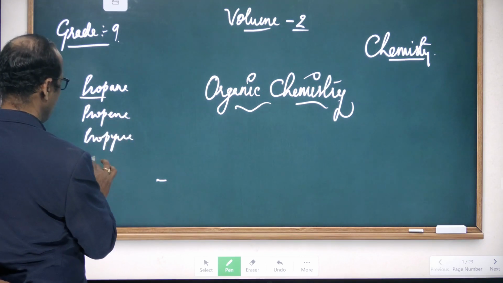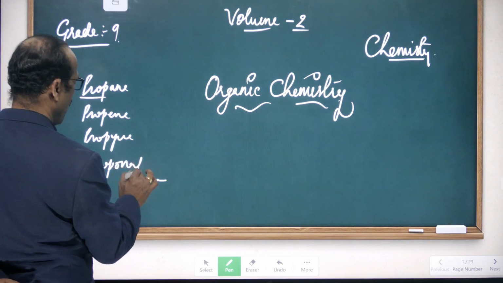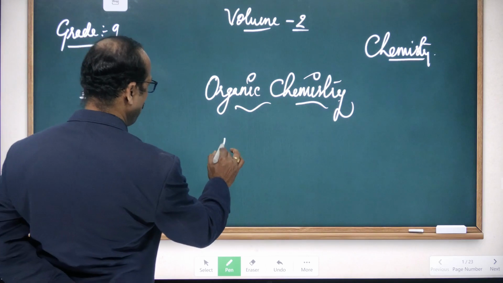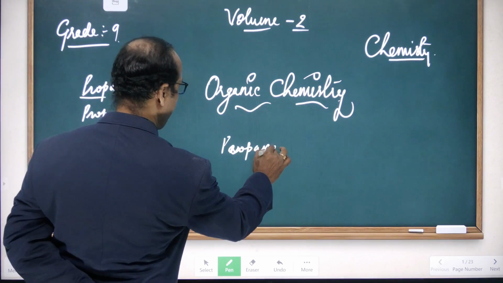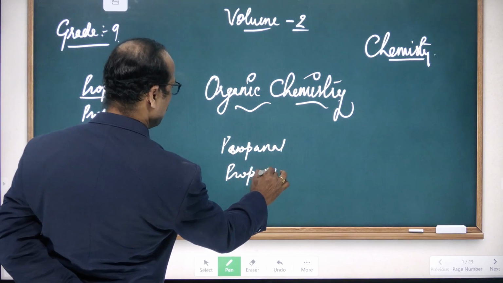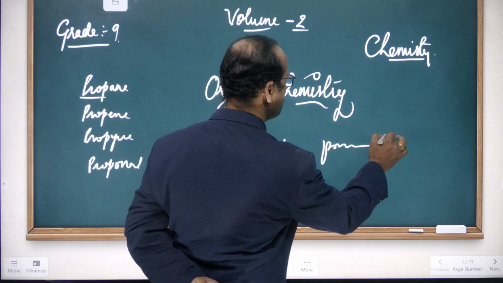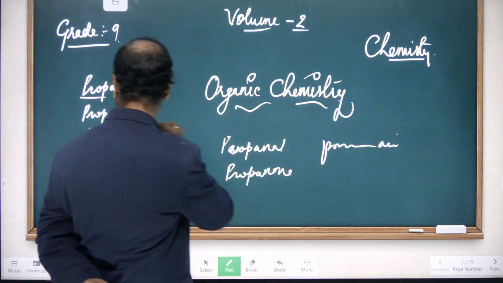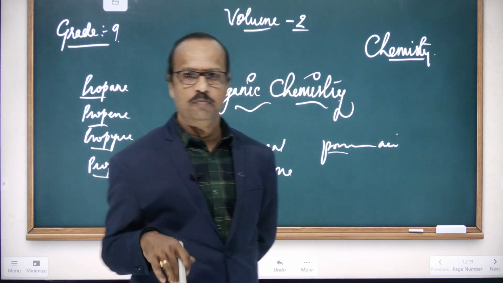Another compound is called propanol. Another compound is called propanal. Next, another compound is called propanone. One more is propanoic acid, like this. See, all starting with prop only, there are so many compounds.